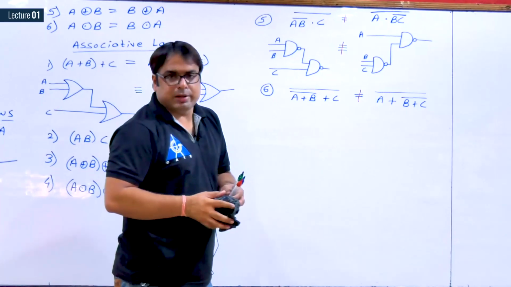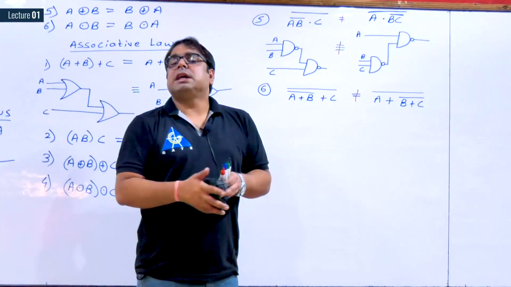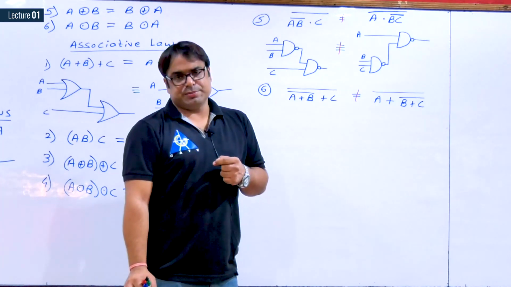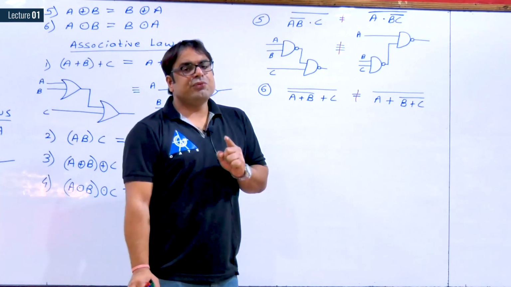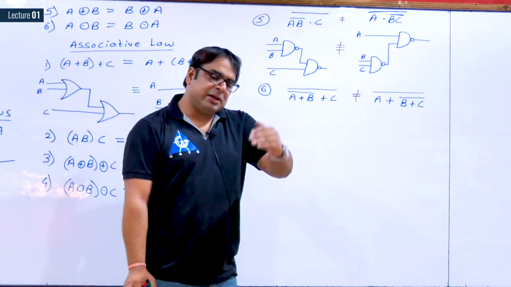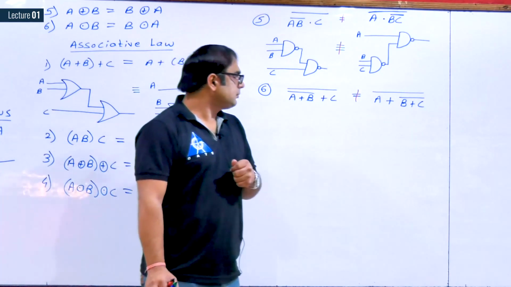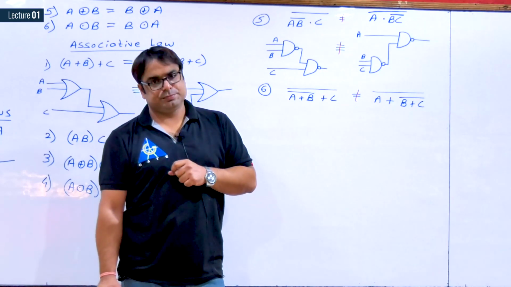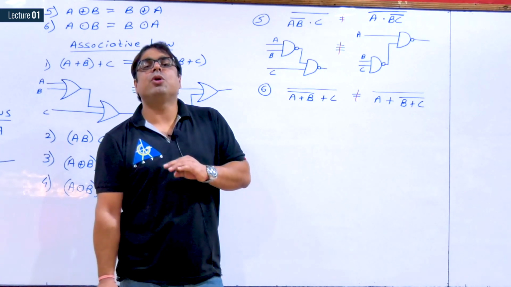This is not equal. So you should write a note here: associative law does not hold good for universal gates. Or in other words, write in the next line, universal gates do not follow associative law.